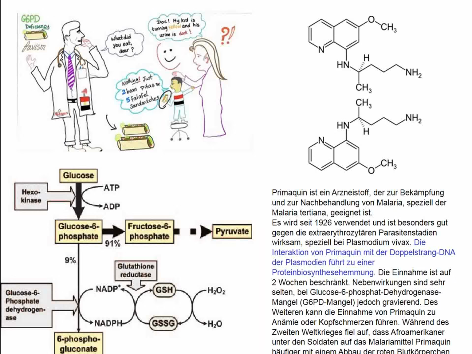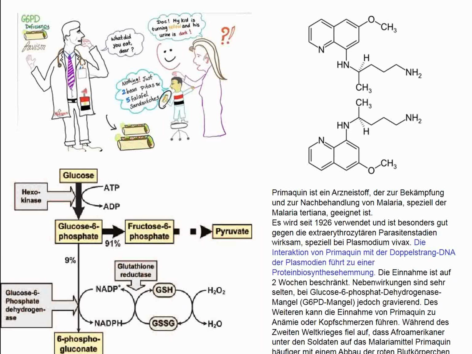But there are other materials that also classically cause G6PD deficient erythrocytes to burst, and one of them is primaquine. And primaquine has been around since 1926 and is active against malaria.